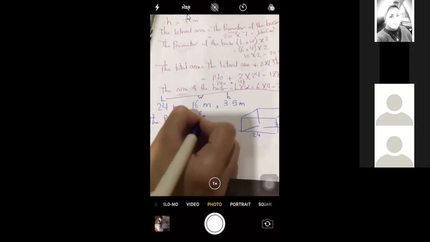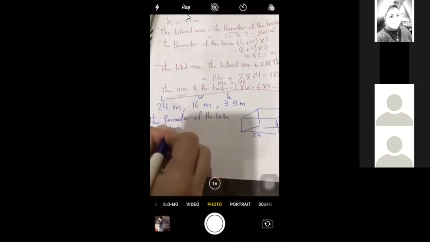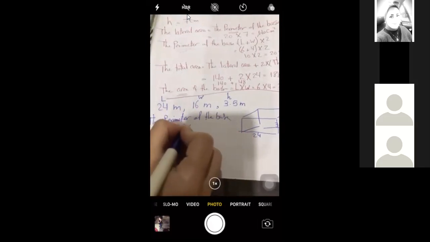24 plus 16, multiplied by 2. Yes, it's length plus width, multiplied by 2.